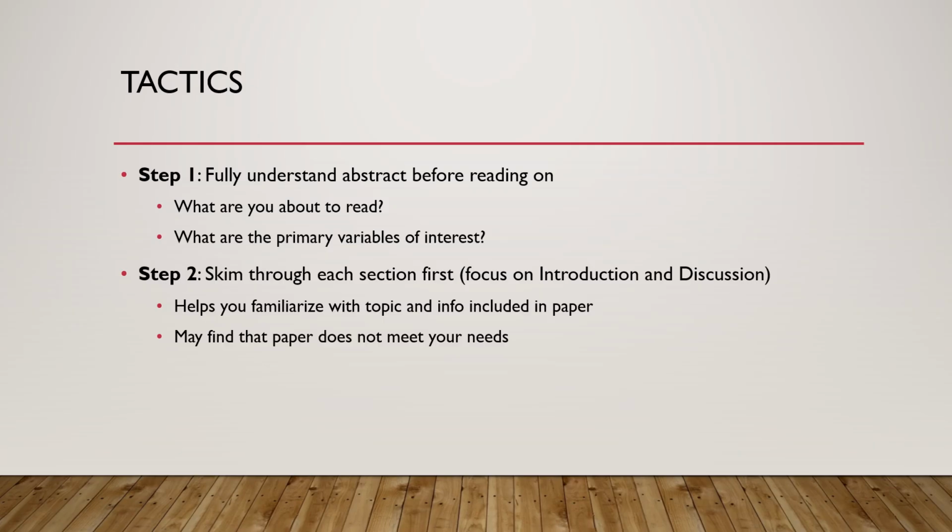So as you get familiarity with the topic through that introduction and discussion, it'll better prepare you to then look at the methods and results, which have more of the hard details of what we did and what analyses were run, which is very important information, but not the second step of your review.